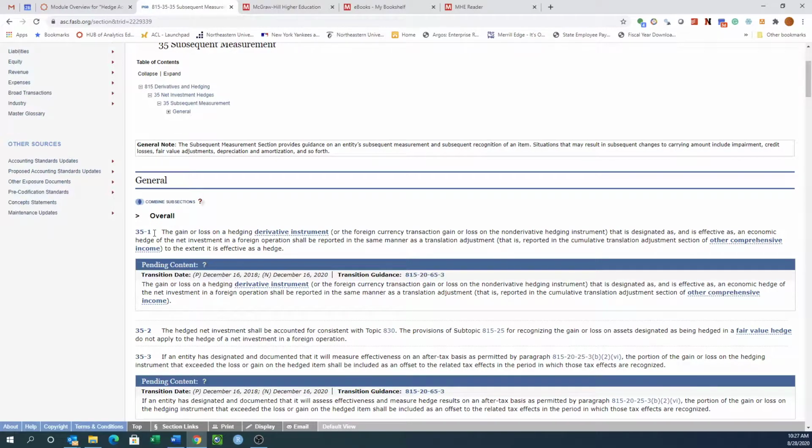I'm just going to read this 35-1 to you. The gain or loss on a hedging derivative instrument, or foreign currency transaction gain or loss on a non-derivative hedging instrument, so either one, whether it's derivative or non-derivative, that is designated as and is effective as an economic hedge of the net investment in a foreign operation, that's our equity piece, shall be reported in the same manner as a translation adjustment.